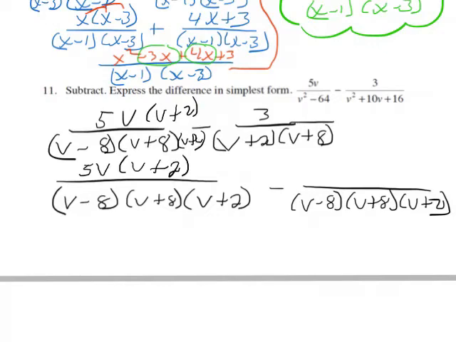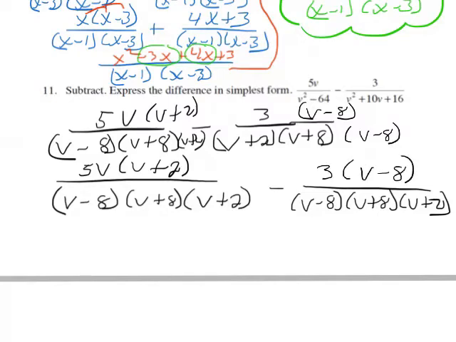Alright, now let's compare what's missing here. And I see it's a v minus 8. So I'm going to multiply top and bottom by v minus an 8 up on the top and a v minus 8 in the denominator as well. So I'm left here with a 3 times v minus 8.